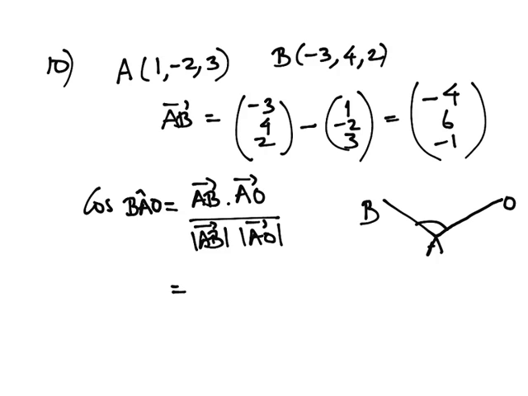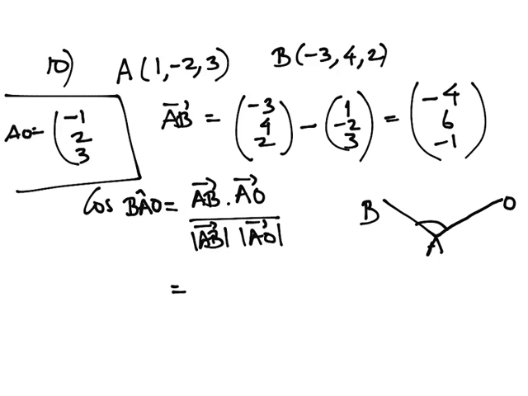So AO is nothing but minus 1, 2, and minus 3, because OA is 1, minus 2, and 3, so AO should be the negative of that.